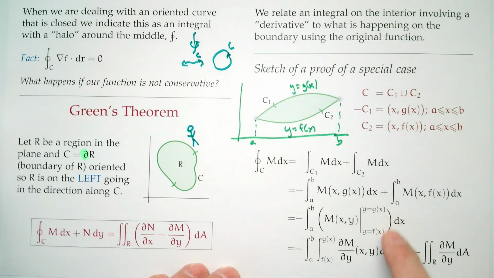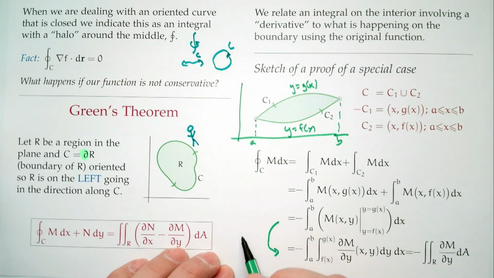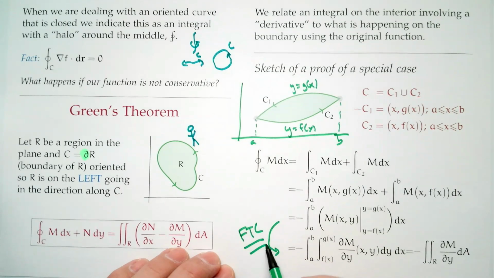Between these two bounds, from f of x to g of x. So it's the integral from a to b, integral from f of x to g of x of partial M partial y. This part right here is where we're using the fundamental theorem of calculus. And now we say, aha, that is precisely partial M partial y.